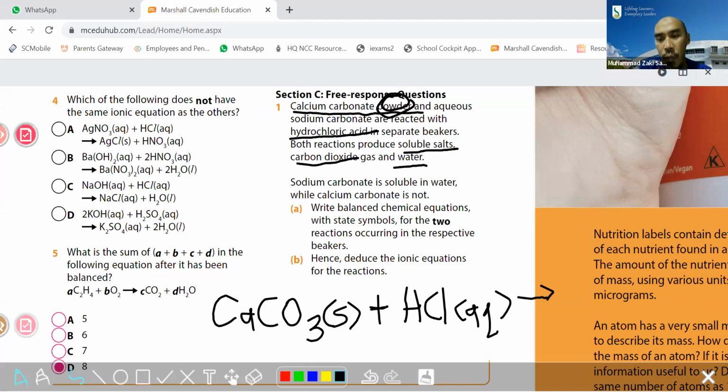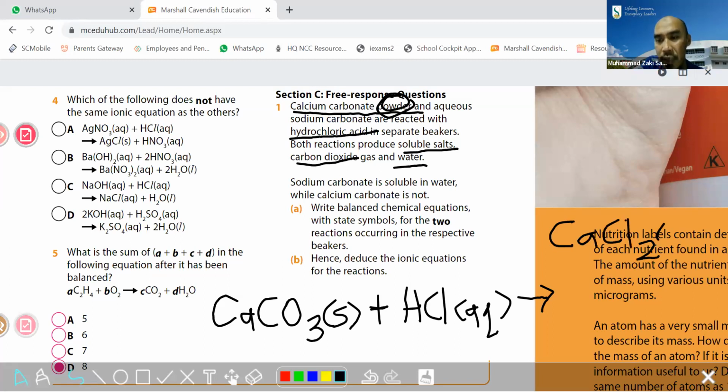Okay, then what will you get? If you remember the last video I taught you how to write down the salt. The salt name is calcium chloride. So calcium chloride is CaCl2.